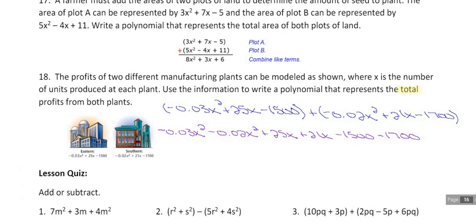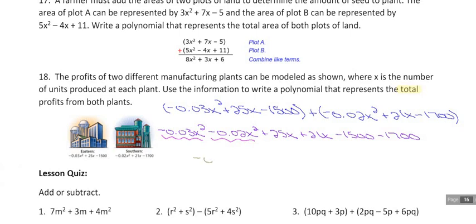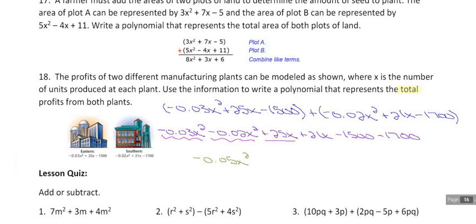Upon combining our like terms, here are my x squared terms, that's going to give me negative 0.05x squared. Our x to the first power terms, 25x plus 21x will give us plus 46x.